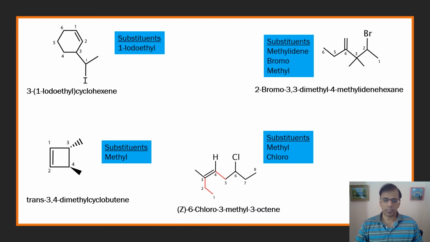So it's called Z-6-chloro-3-methyl-3-octene. 3-octene is because you start numbering it from the side which is closest to the double bond. So you start numbering it from this side, and so on carbon atom 3 you have the double bond. You have a methyl group on carbon 3, and also a chloro substituent on carbon 6.